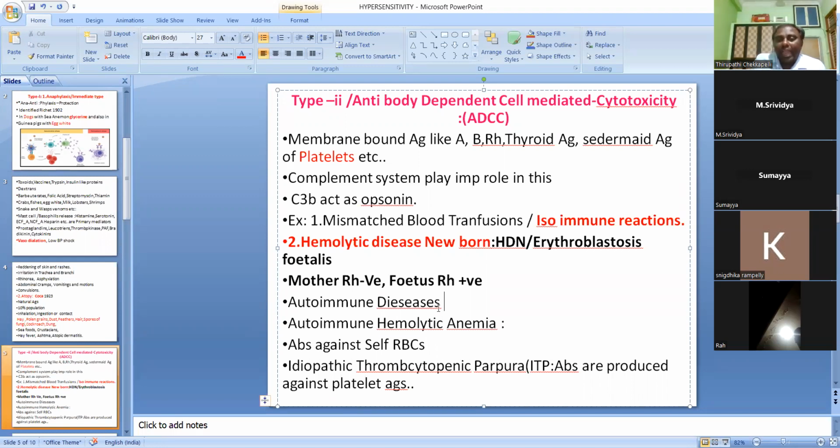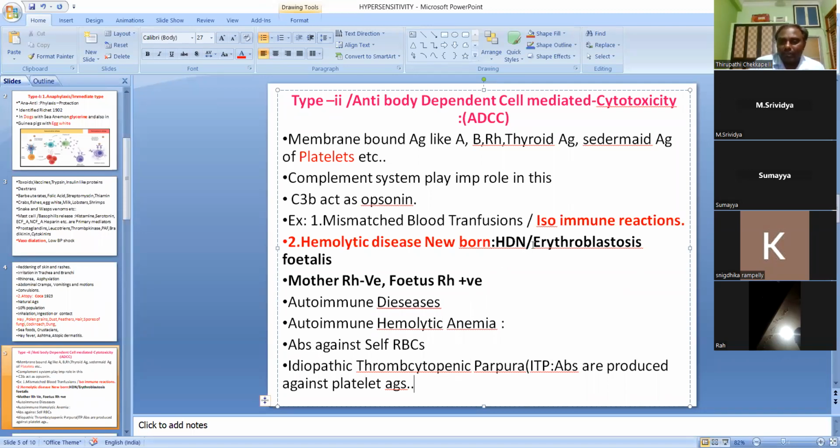So for this, antibodies are given to the mother to prevent hemolytic disease of newborn or erythroblastosis fetalis.